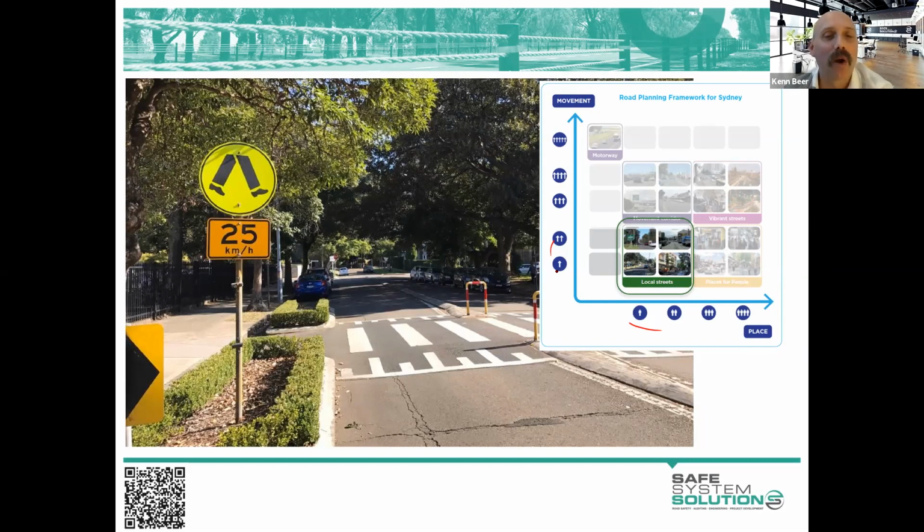So they should have priority where possible. So yes, certainly these do have a movement function in terms of access to houses and the like, but you can certainly bring the speed significantly down. If they're being used as a movement corridor, it's usually rat running and something that we don't want to encourage due to the fact that we do have the presence of vulnerable road users around.